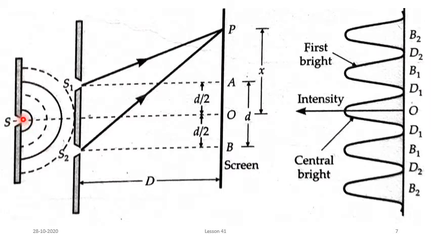Now this monochromatic light is illuminating the slit S1 and slit S2.